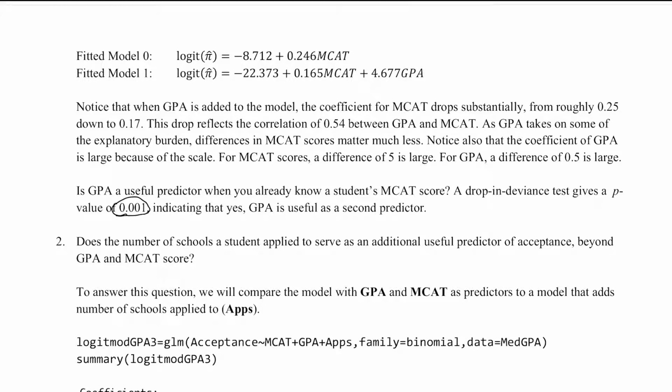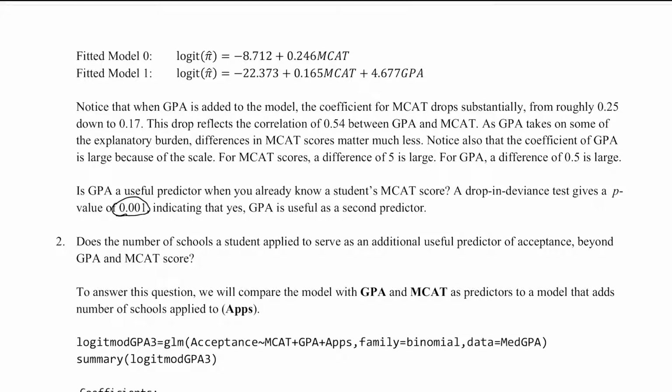Once you already have MCAT in the model and you add GPA, you notice that the coefficient for the MCAT went way down, but that's basically because GPA is now doing some of the predicting, and so MCAT is not doing as much.